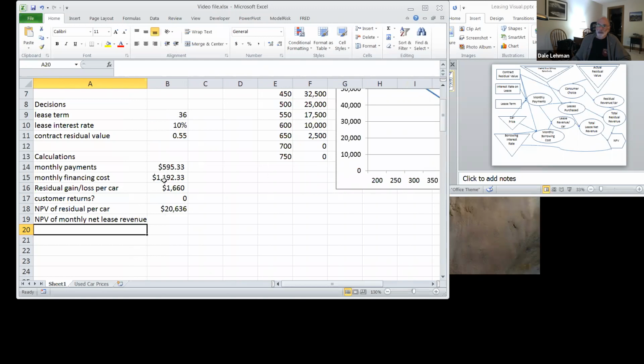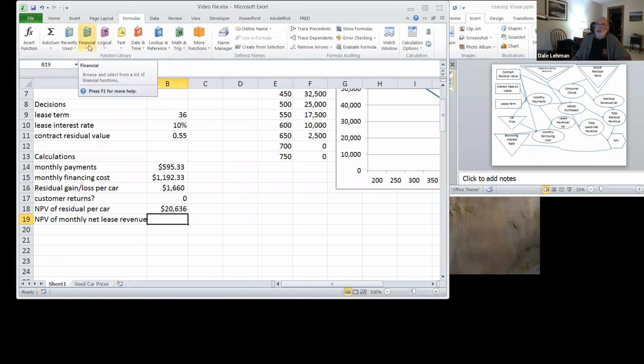So in other words, every month that the person is leasing the car, we are getting this number, but it's costing us this number. And so we have a net loss each month of the difference between those. And what we want to know is the present value of that. So let's see if we can find an appropriate formula for that.